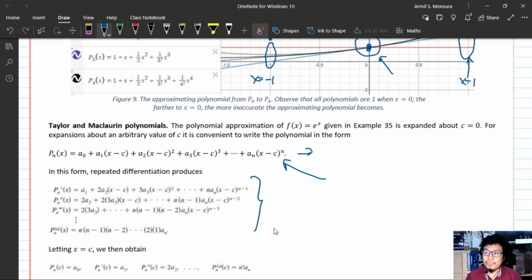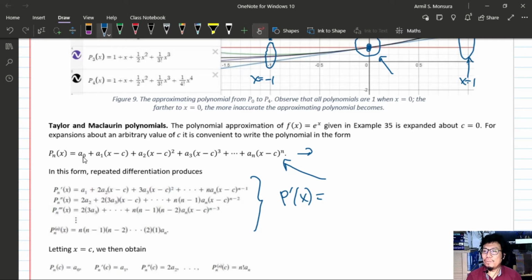I hope that even if these are a bunch of letters, you'll be able to extract the abstraction of this. Say for example, if you want to take the first derivative of this one. This is a skill that you really need to work on because this is something that we will have to do in the next topic.